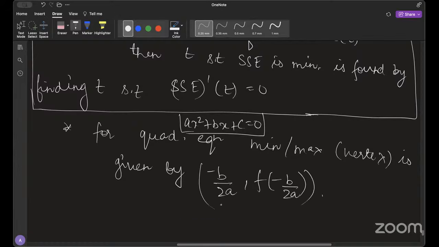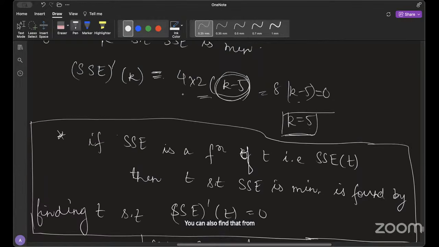The vertex is a point, right? So this is a point on the xy plane. If a is positive, then we get a minimum; if a is negative, we get a maximum.